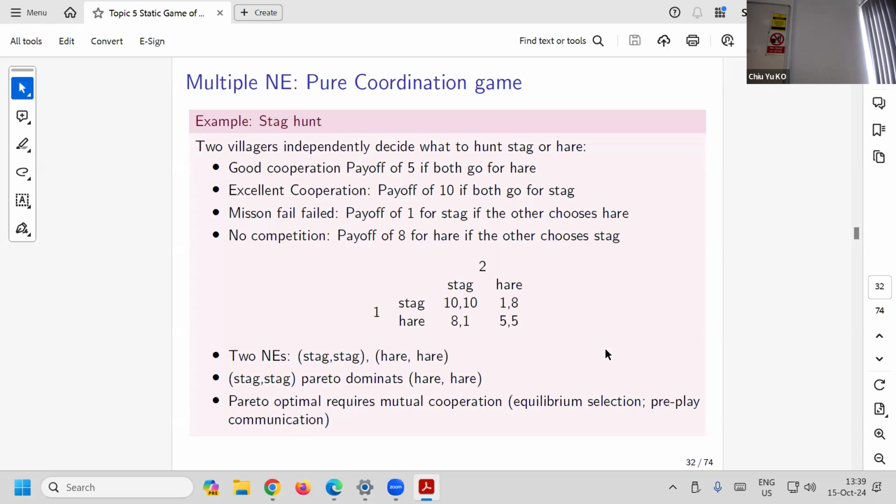So you can say, as an economist, one would think 10 and 10 is more likely to happen, right? Because it's better for everyone. What they call pre-play communication: they just talk. Let's go for the big animal. If they do that, which is cheap talk, they just talk, right?